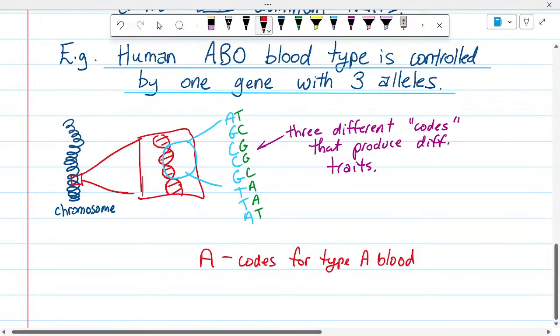Does anyone know what is meant by blood type? I usually talk about it when I teach grade 10 science. Blood has a type. Is it like protein signifiers in the blood? Oh, very good. Yeah, that's exactly right.